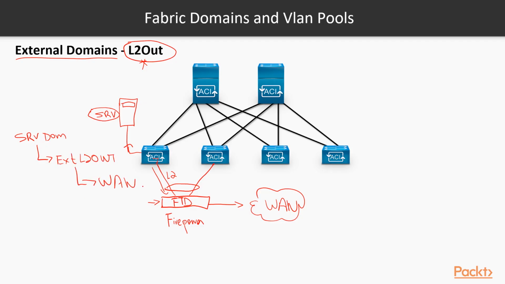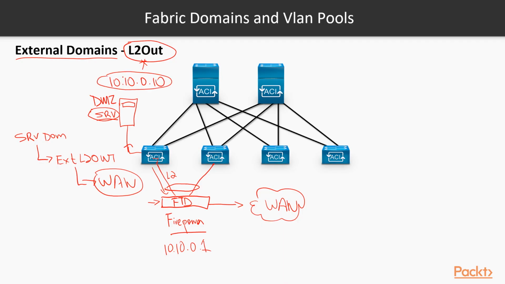What use case can we associate with this scenario? This might be the DMZ. The server's default gateway is the Firepower Threat Defense appliance, so this default gateway is 0.1. This server's IP is 10.10.0.10.